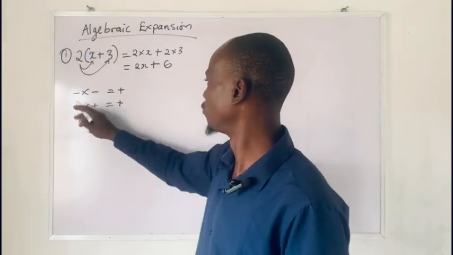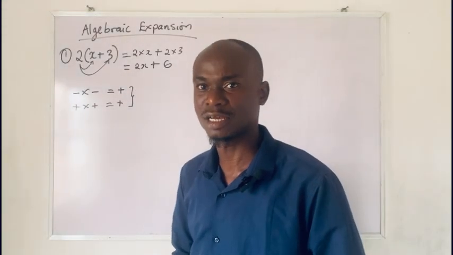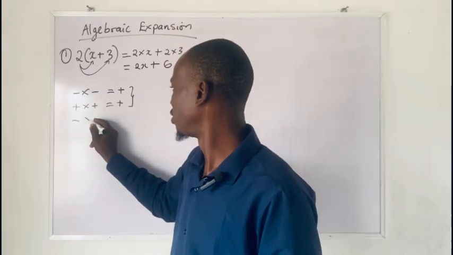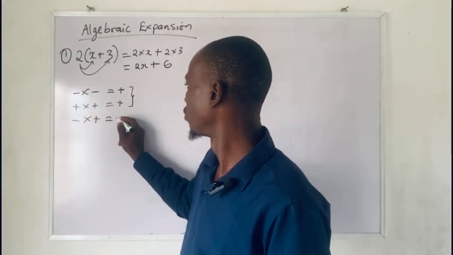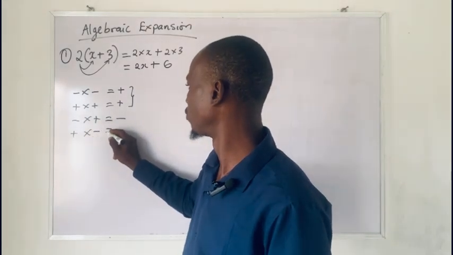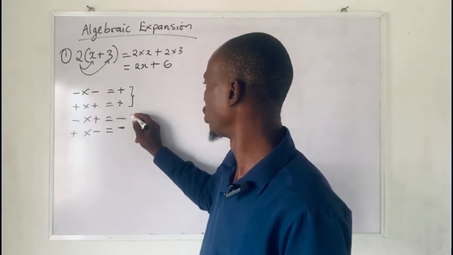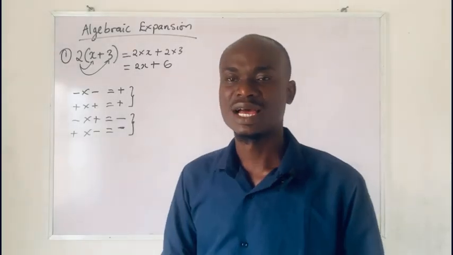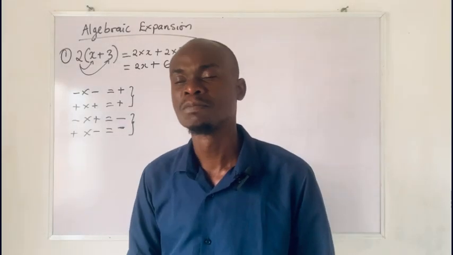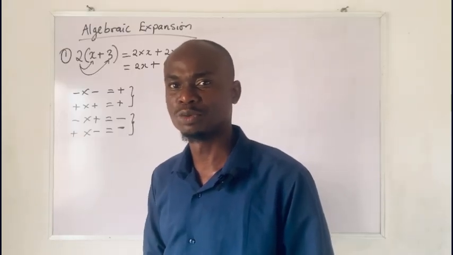So if the terms are of the same sign, we get a positive answer. But if we have a negative times a positive, we have a negative answer. We have a positive times a negative, we have a negative answer. Which means when the signs are different, we end up with a negative answer. Is that okay? So with this understanding, let's look at the next example.